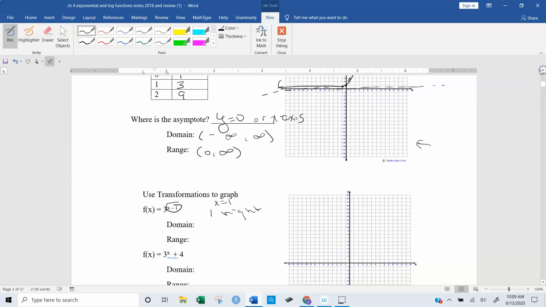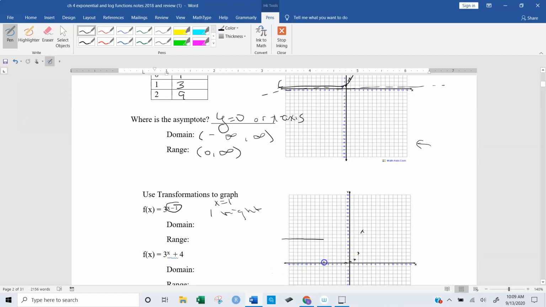Well, if you look at this, our negative 2 is now going to be at negative 1. Our negative 1 is going to be at 0. Our 0 is now going to be at 1. Our 1 is now going to be at 2. And our 2 is now going to be at 3. We moved everybody 1 to the right.